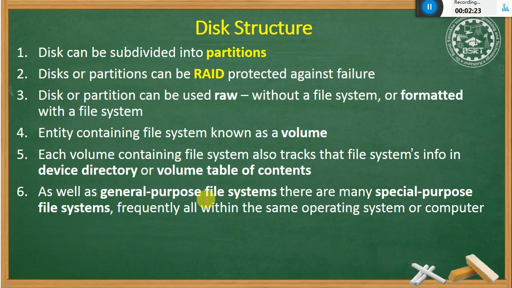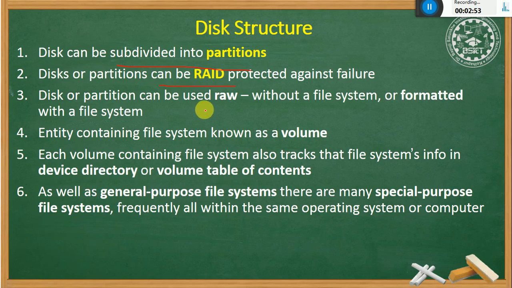We have discussed this in the hardware part of hard disk working. So a disk is a secondary storage and it is further divided into sub drives using partitions. A disk that is divided logically into parts is called partitioning. Also it has RAID protection.